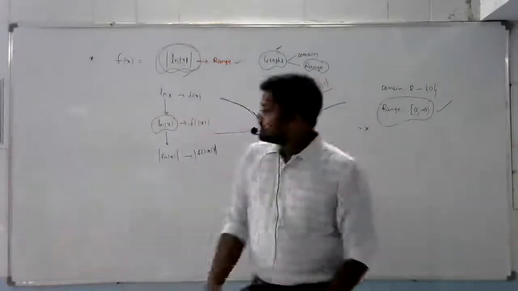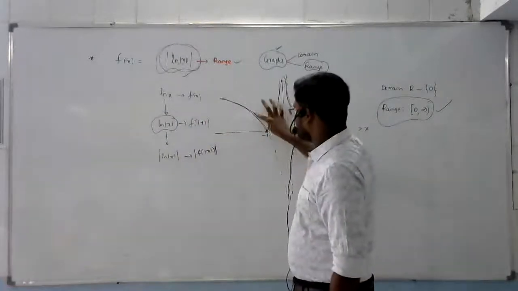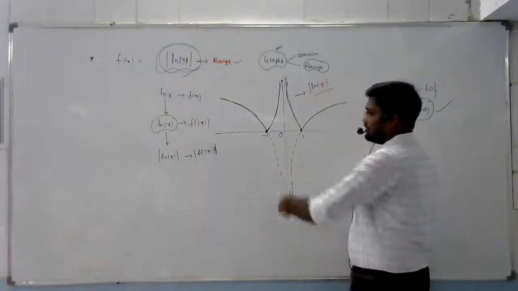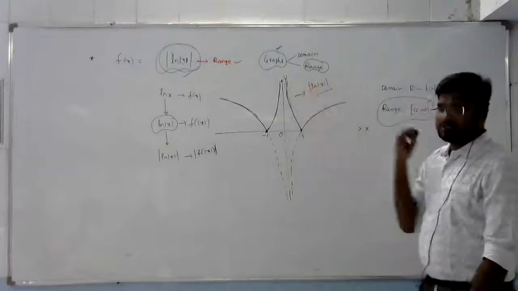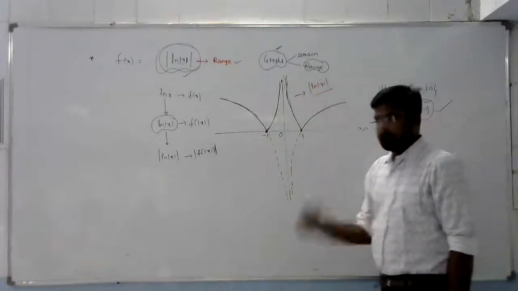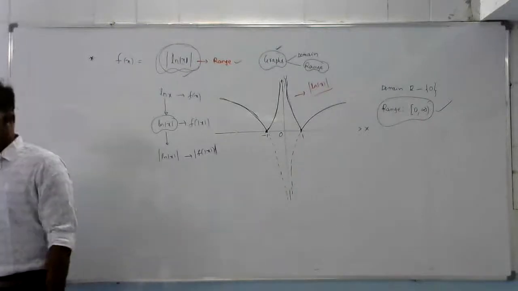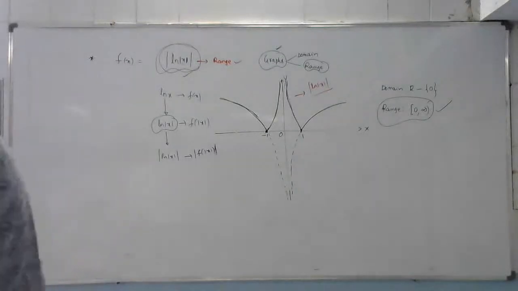So please learn drawing the graph of modulus of ln mod x: draw the ln x graph, draw ln mod x, and take the modulus of that function. Yes, 0 should be included, for sure.